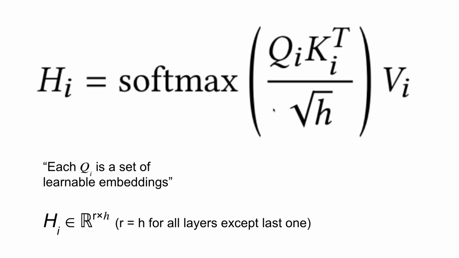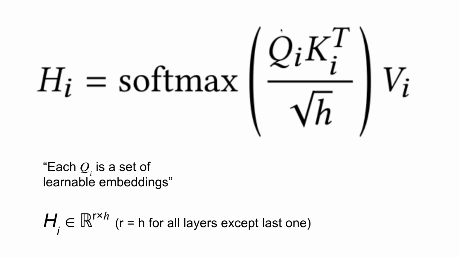Then we also have a query Qi, which is kind of confusing because the query itself is also the query, but this Qi is the attention mechanism query, which is also a learned set of embeddings for each layer of the QNet.